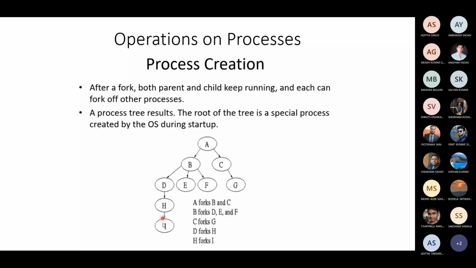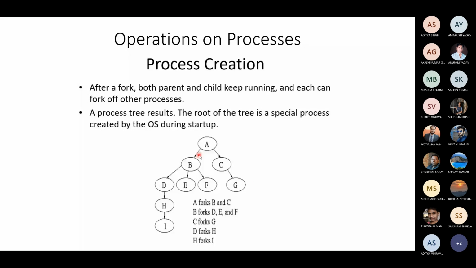Okay, is this clear? This is how a process is created again and again using a simple system call called fork. You can expand that tree very far. Now, when you fork a process, the parent process and child process are the same.